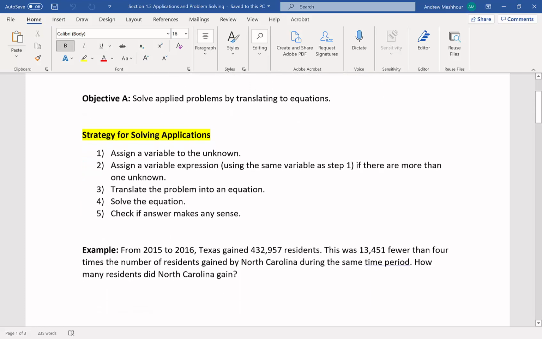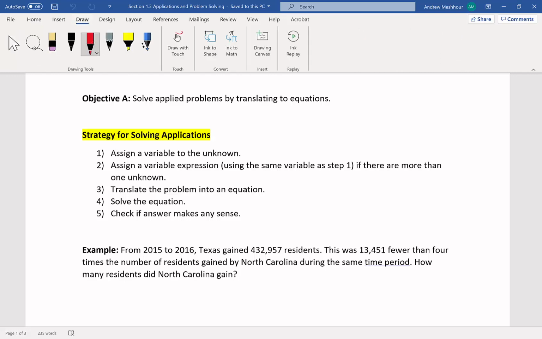So it says, from 2015 to 2016, Texas gained 432,957 residents. This was 13,451 fewer than 4 times the number of residents gained by North Carolina during the same period. How many residents did North Carolina gain? Okay, so first let's take a look at our unknown.